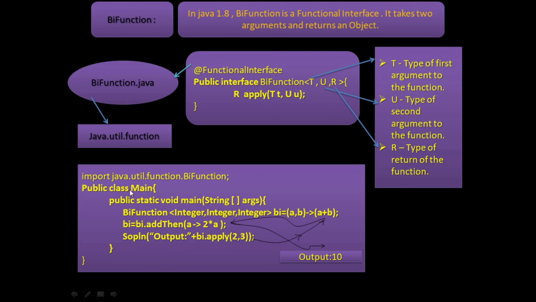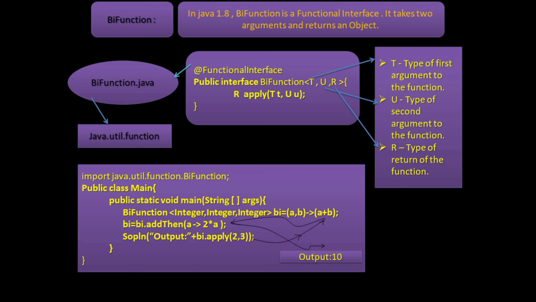One example is: import java.util.function.BiFunction, public class Main, inside the main method BiFunction generics of three arguments, Integer, Integer, Integer, three types. Then bi equal to, inside the first bracket, two arguments of a lambda function, a plus b, then andThen method is executed.